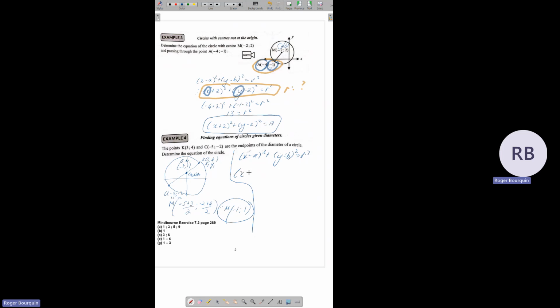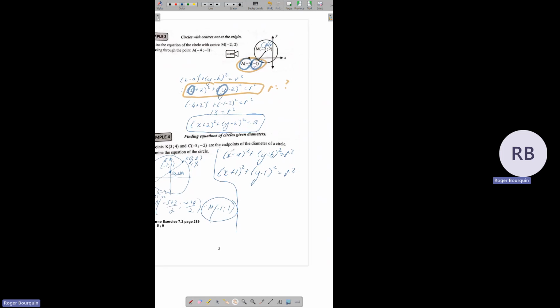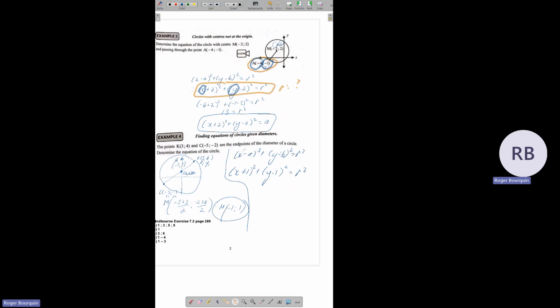So it's going to be x minus -1, which is x plus 1 squared, plus y minus 1 squared is equal to r squared. And then you're going to have to sub a point that lies on the circle. So we know 2 points on the circle. So you can use that point or that point. It makes no difference as long as it lies on the circumference. I'm going to pick 3, 4, but you could have picked -5, -2.